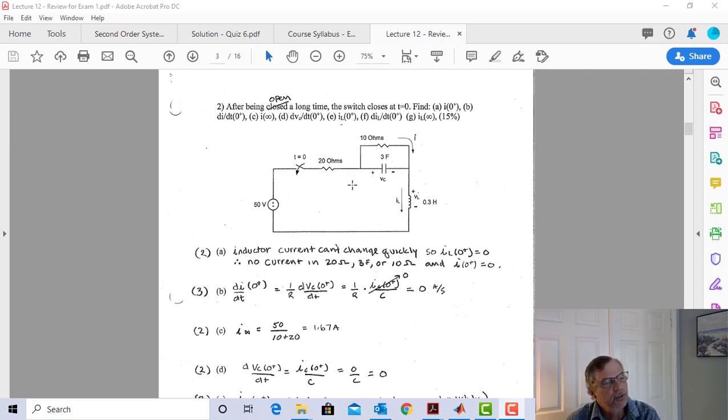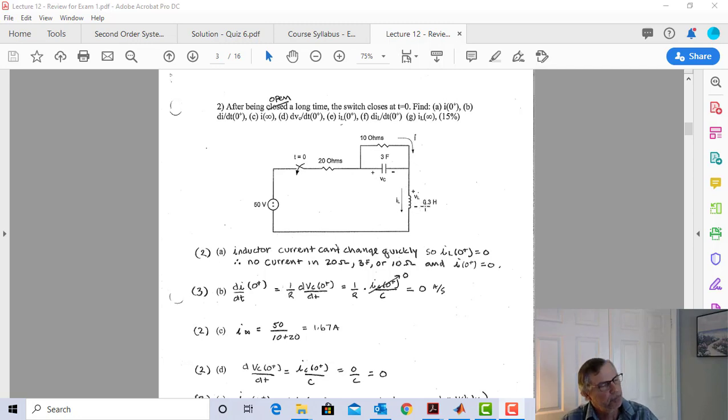So let's look at this little part of the circuit. When the switch changed, all those three components went boink up to 50 volts. They all went together because there was no current through the inductor. So at t equals 0 plus, I got 50 volts right here and no current.